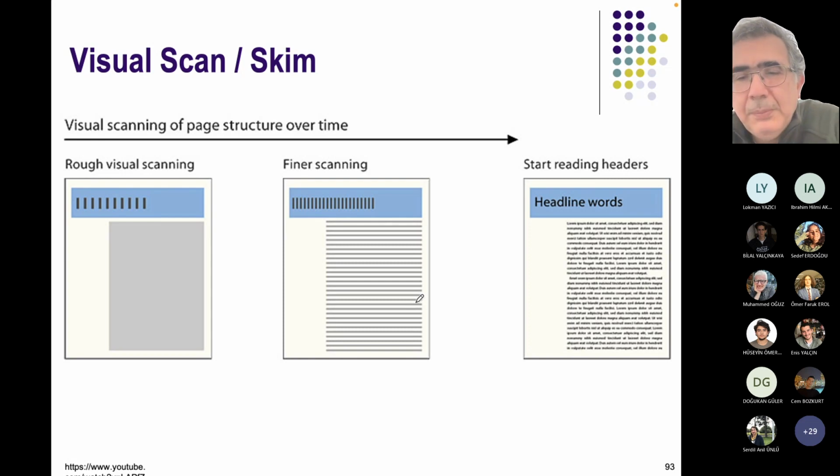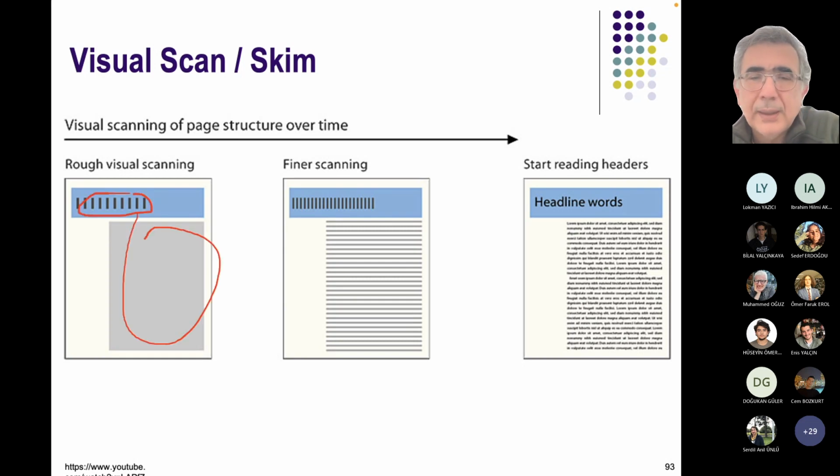Generally, people like to skim and scan the content. Rough visual scanning checks this part and some part like this at once, just by looking at more detailed, look a little bit more, and this is actual reading.